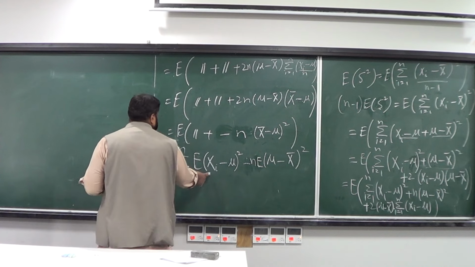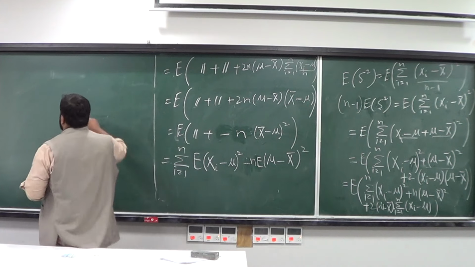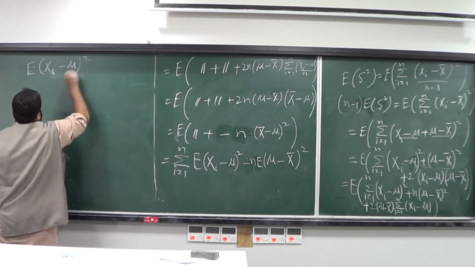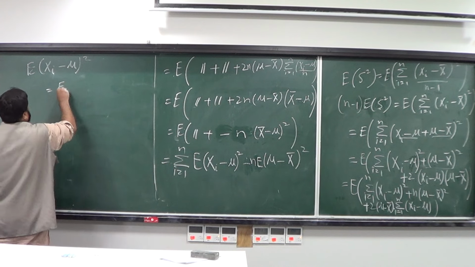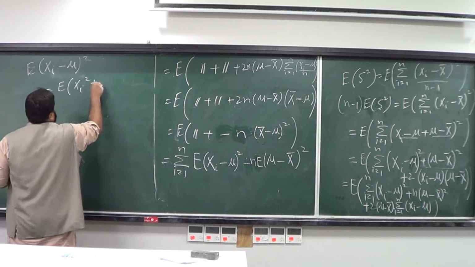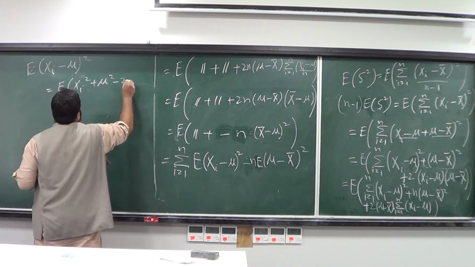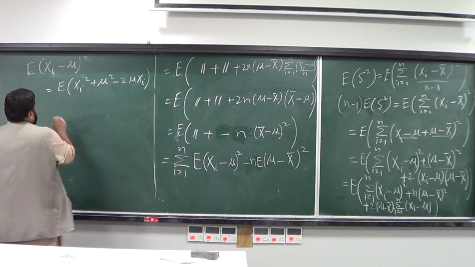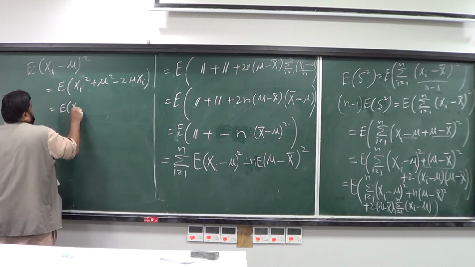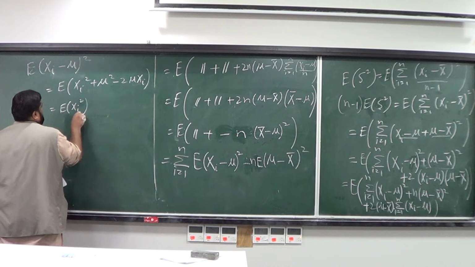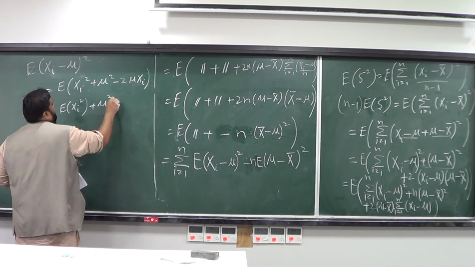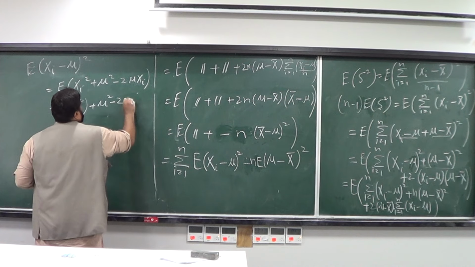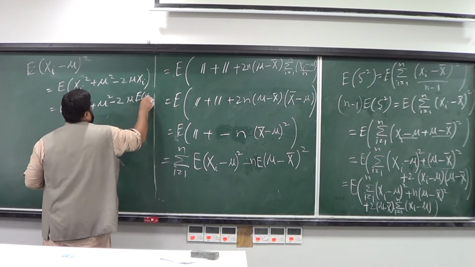I can simplify this. So let's calculate the expectation of (xi minus mu) squared. This is same as xi squared plus mu squared minus twice mu times xi. You're going to get the expectation of xi squared plus mu squared minus twice, this is like a constant, so you're going to get 2 mu times the expectation of xi. Okay.